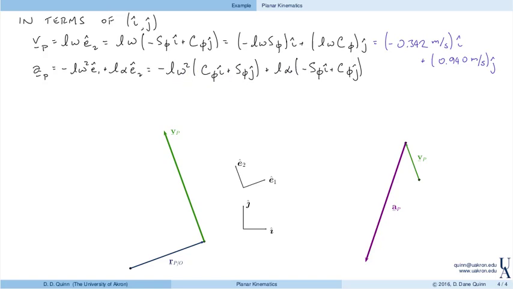We'd have a term here and here in the I direction, and then here and here in the J direction.